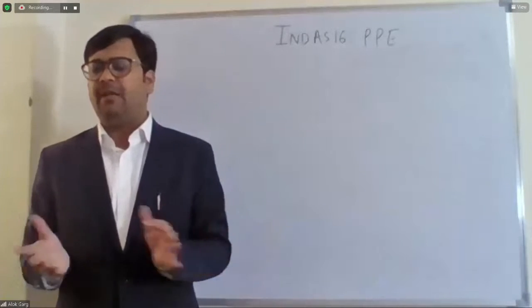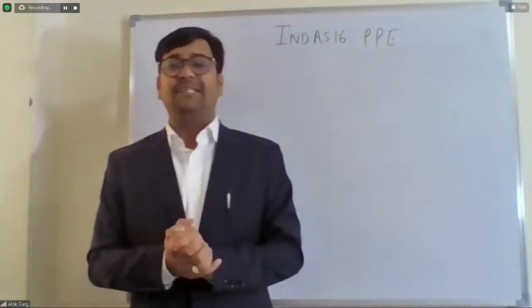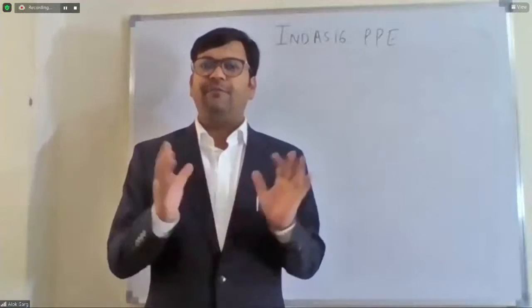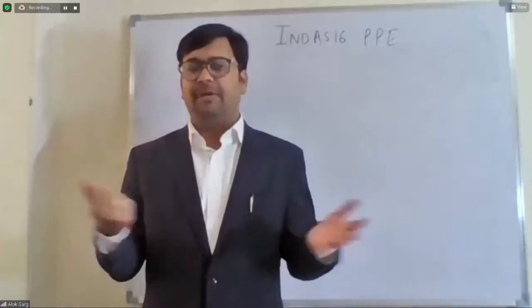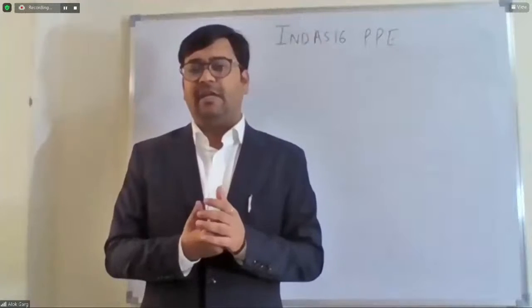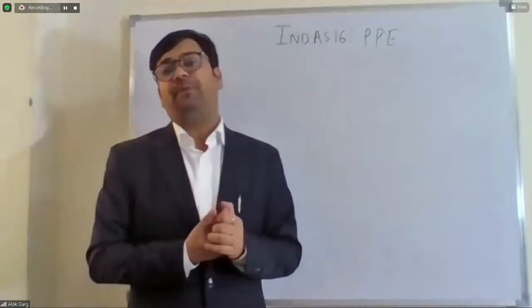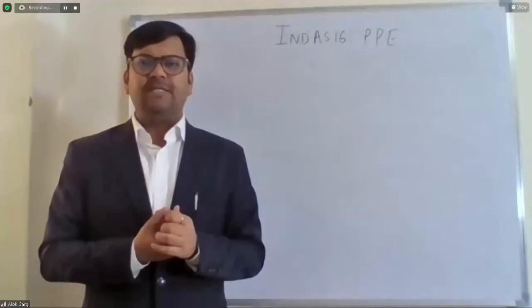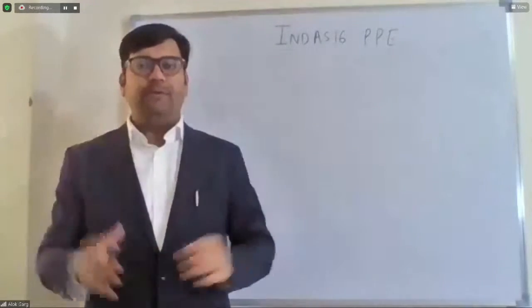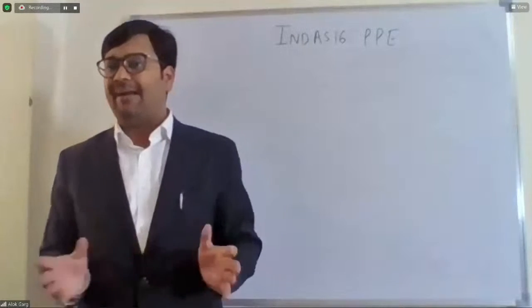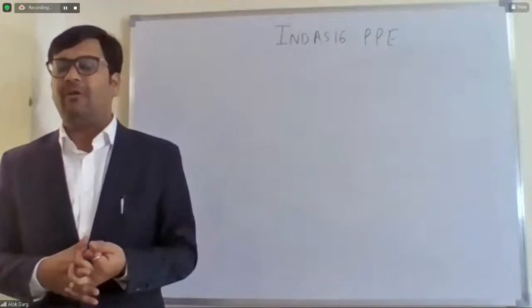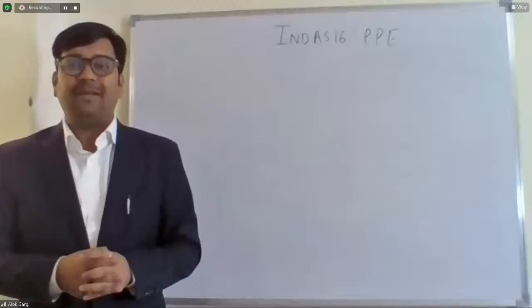For example, if I talk about Reliance Industries Limited, if you see the balance sheet of Reliance Industries Limited, they have around 1 lakh crore of PPE. So friends, in 1 lakh crore of PPE, do you think that 5 lakh rupees is material, or let's say 1 lakh or 2 lakh rupees is material? It is not material at all.